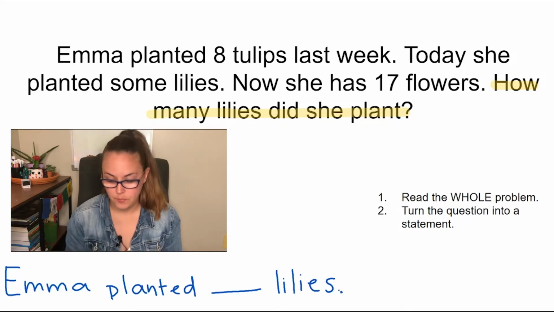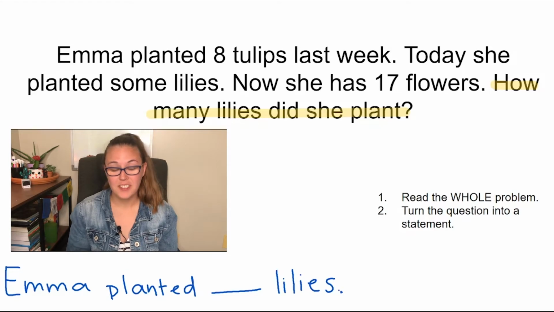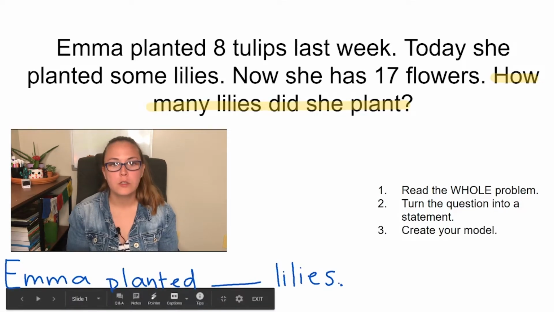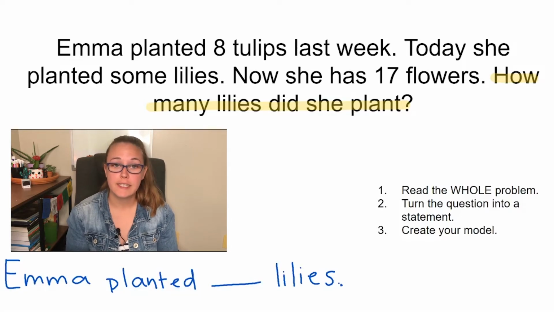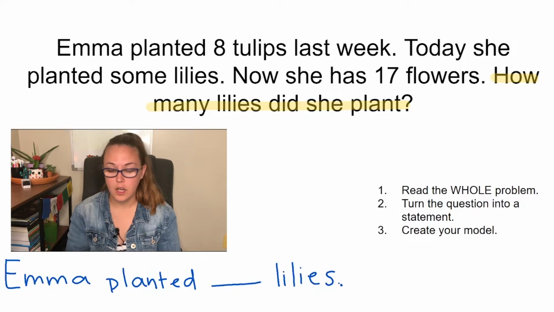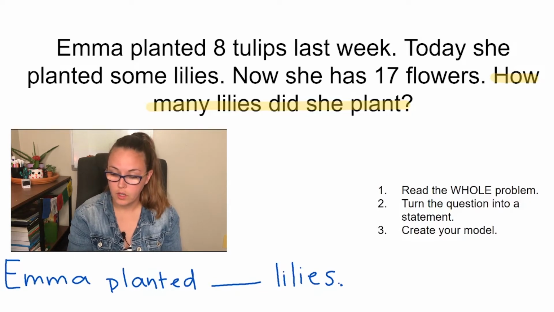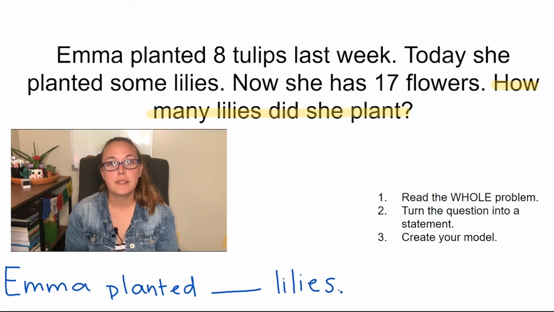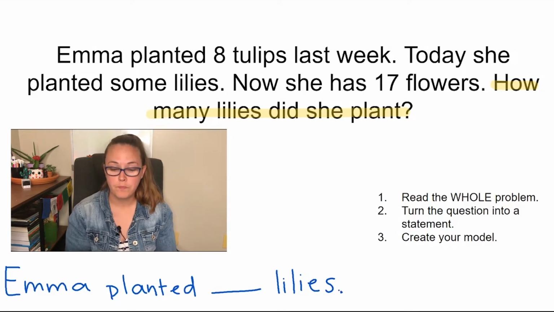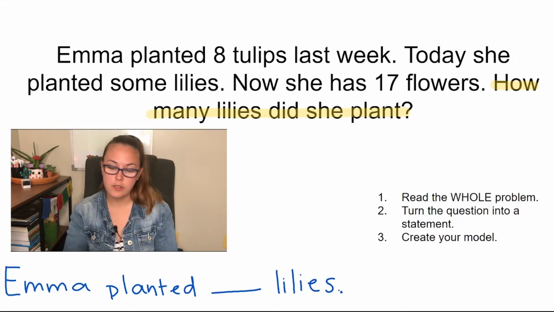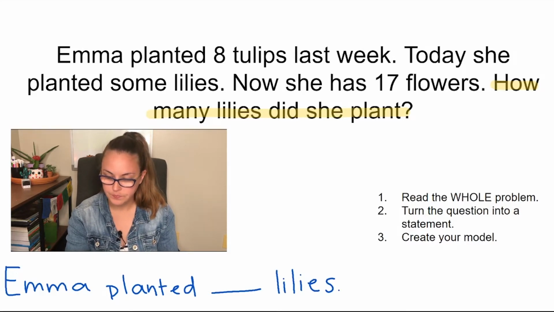What's the next step? Well, the next step is now we have to think about our problem and we have to create our model. So we're going to walk through each and every step very slowly so that you can try it later on. So the first step in creating our model is to think about the subject of our word problem. Looking at the problem, can you pick out some key words that you see?